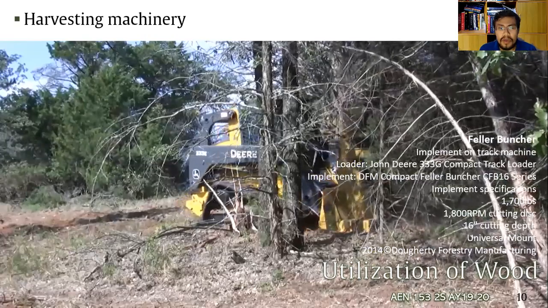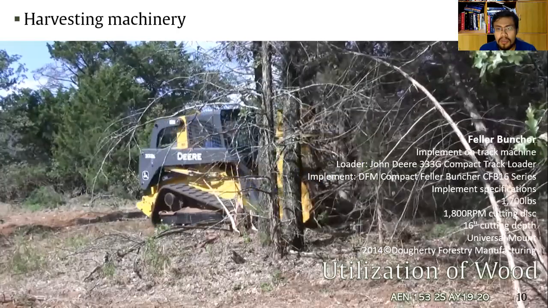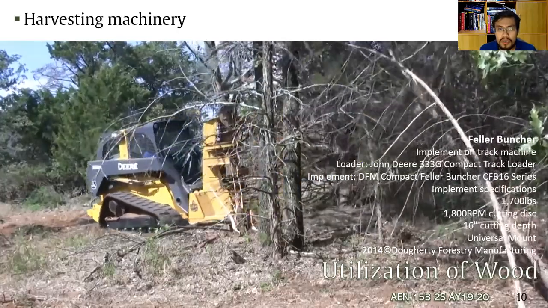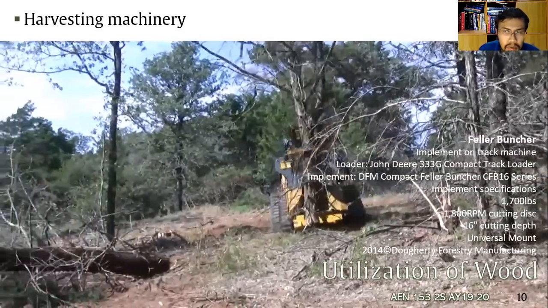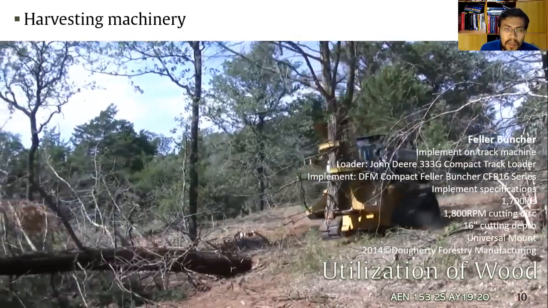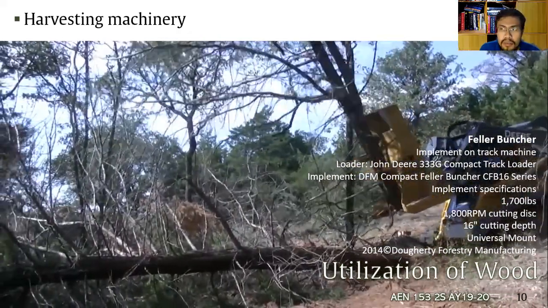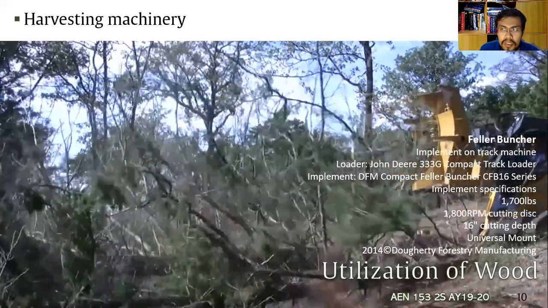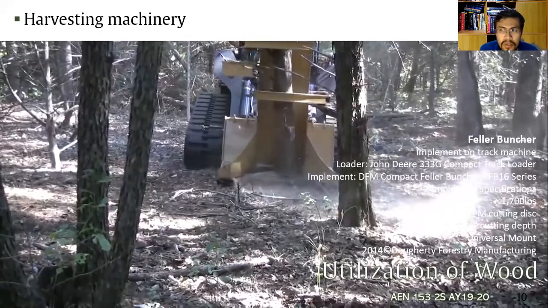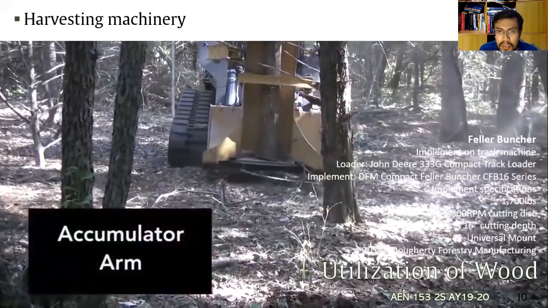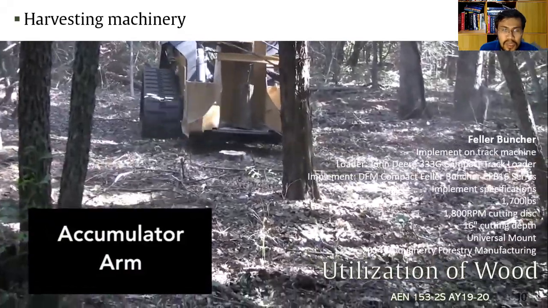You have here a John Deere 33G compact track loader, and the feller buncher implement was just attached via hydraulics. I'm not sure if it's power takeoff, I have to check, but it's controlled via hydraulics. How does it operate? You can see from the specs that it has a cutting disc at 1800 RPM.